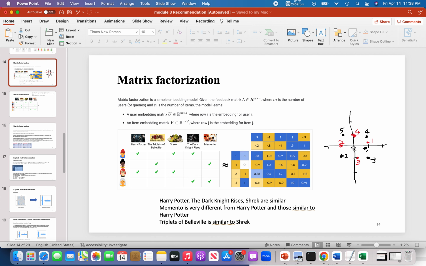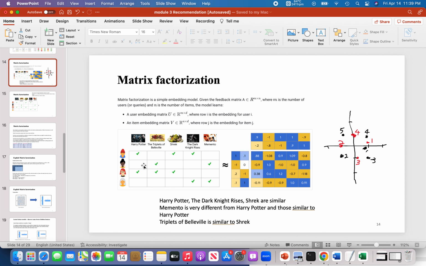This red dot is the user. So user number 1 is quite close to movie number 1, Harry Potter, movie number 3, and also movie number 4.